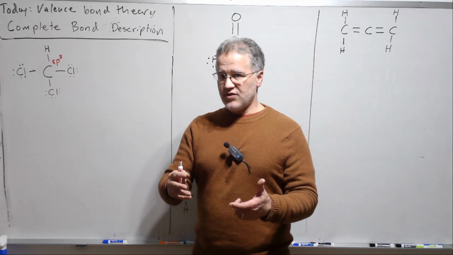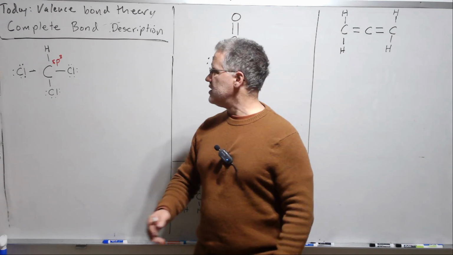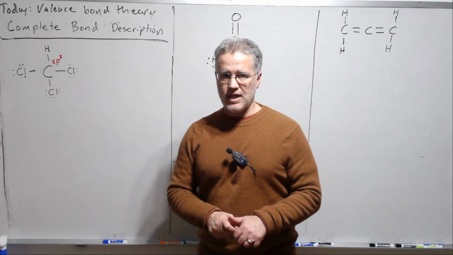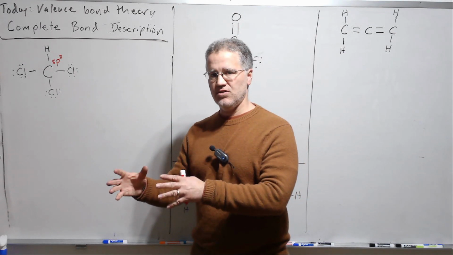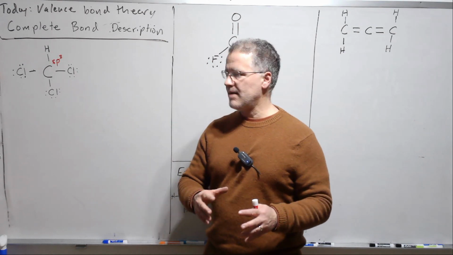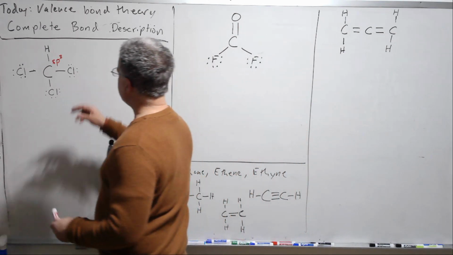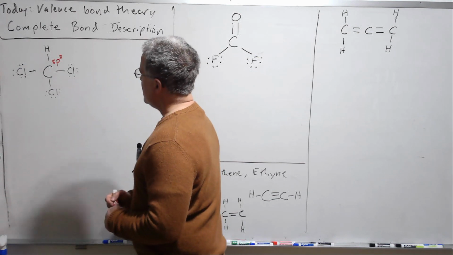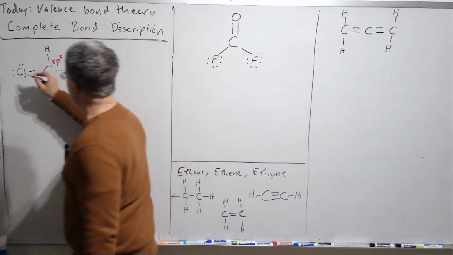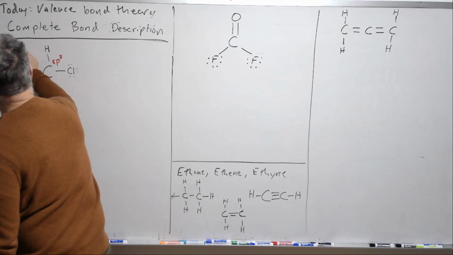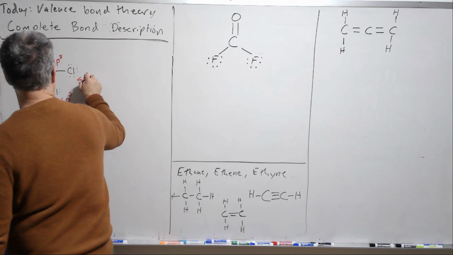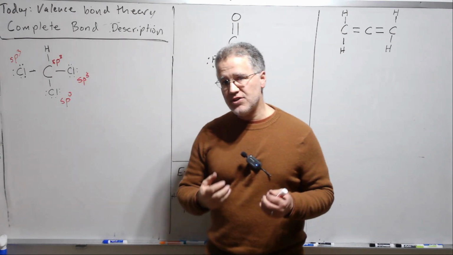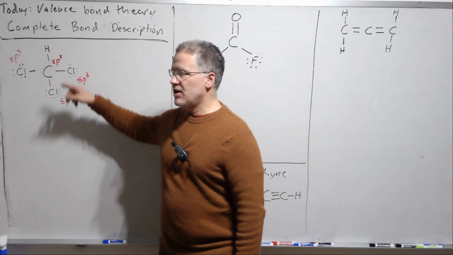In order to get a tetrahedral geometry with the hybridization, we need an sp3 hybridized orbital. So sp3 hybridized means tetrahedral. Tetrahedral means sp3 hybridized. So this is tetrahedral electronic geometry. Now, these are all sp3, because there's four sources of electron density around each of these.